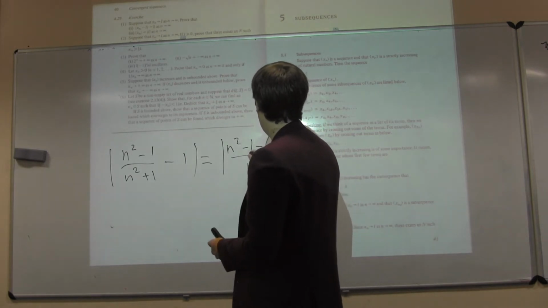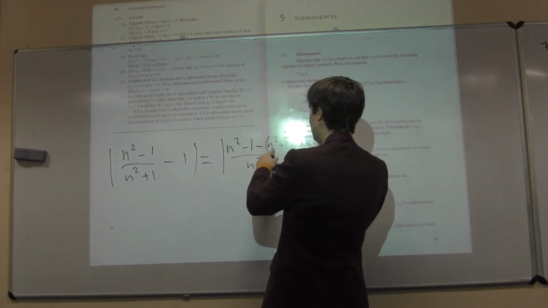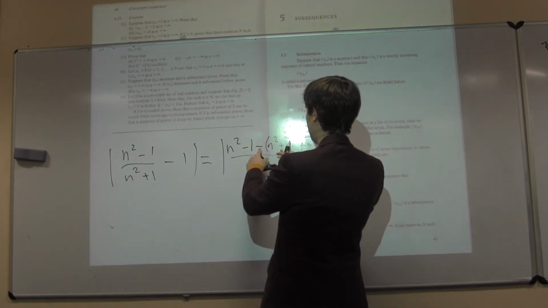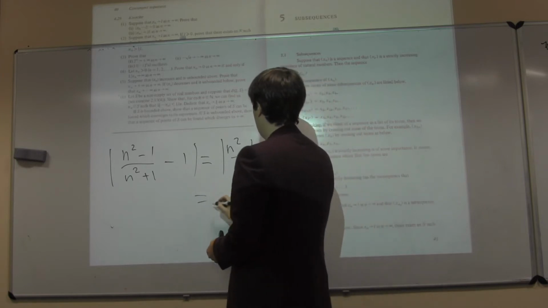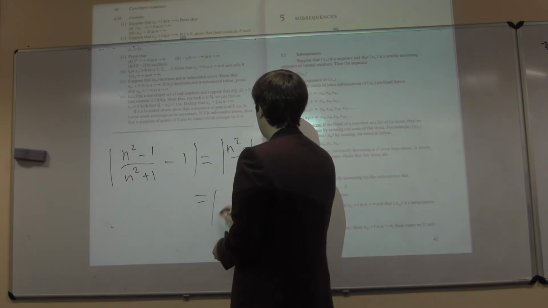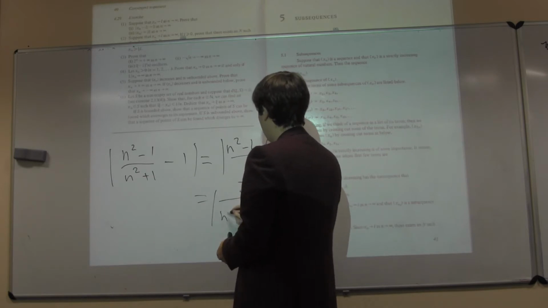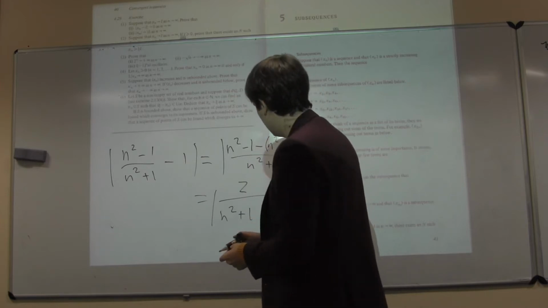Yes. So the n squareds cancel out. And what you have is minus, so you've got minus 2. So this is minus 1, so this is the same as 2 over n squared plus 1. Yes, you got to there.